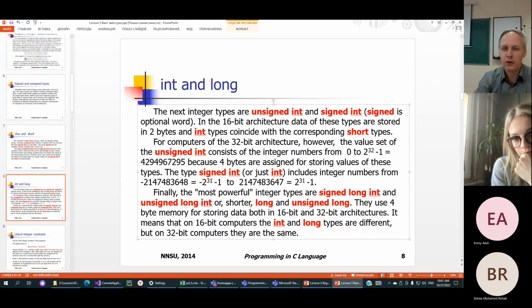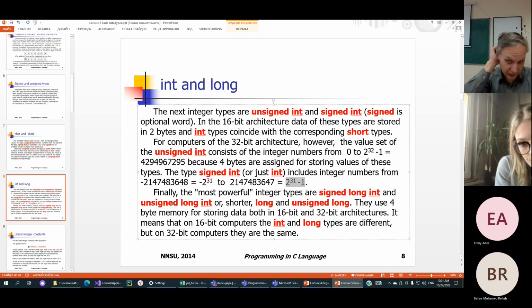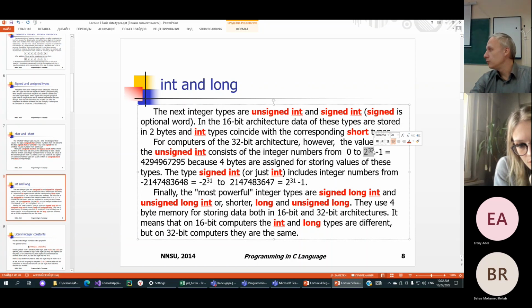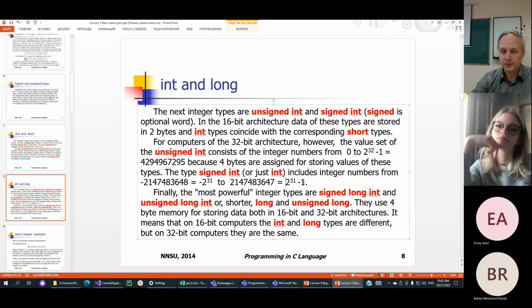Well, if you want to remember the range of representation, you should not remember this large number. You should remember just 2 power 32, and here 2 power 31 minus 1.